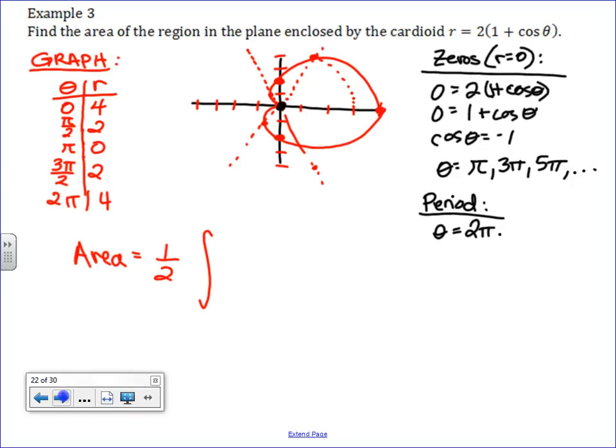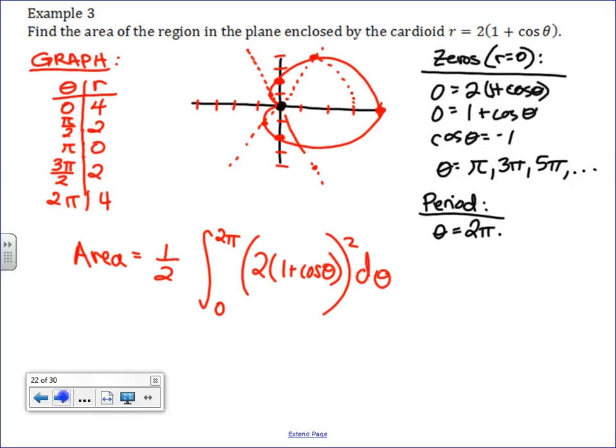From 0 to 2 pi. You could do 0 to 2 pi. And what would be inside? And the radius squared. 2 squared. Why? I have to use my formula. My formula says 1/2 integral of f of theta squared, where f of theta is my r, squared, d theta.